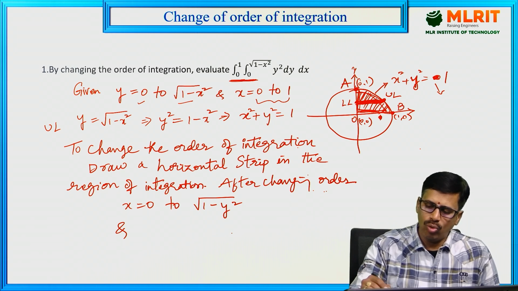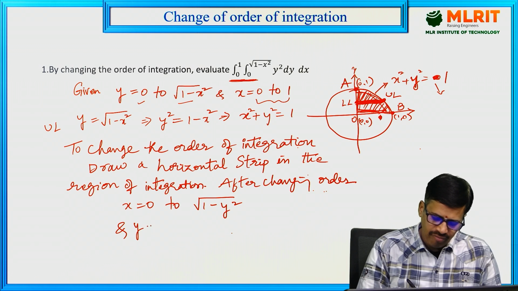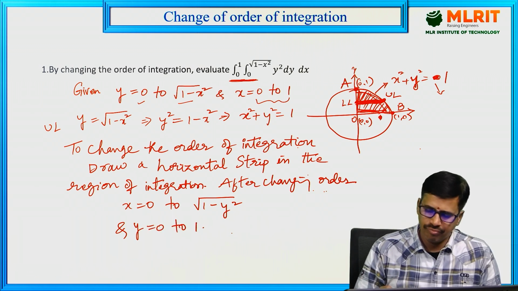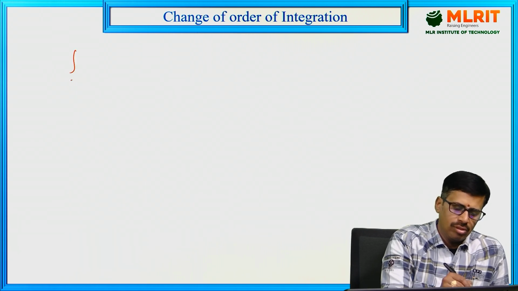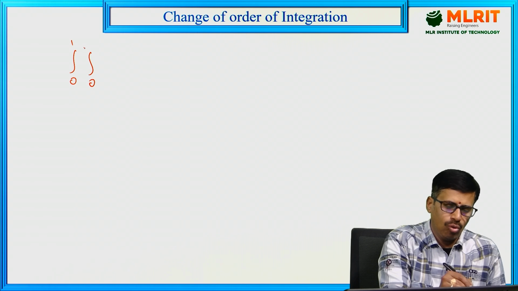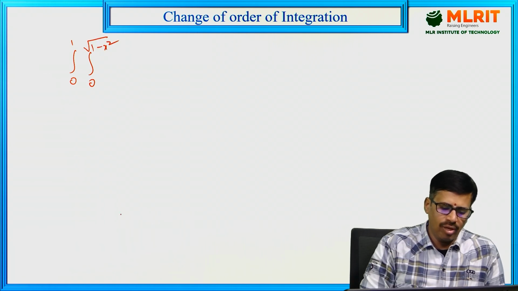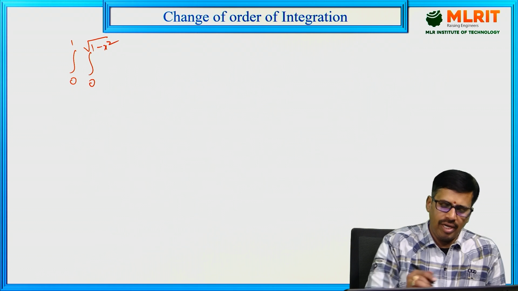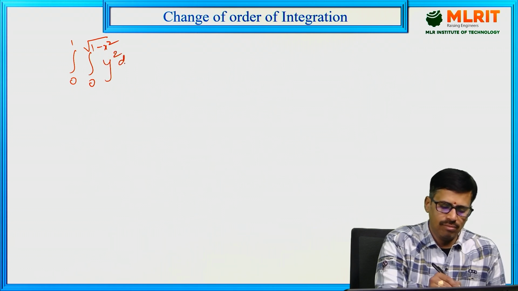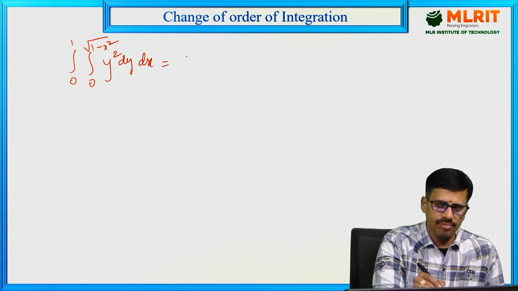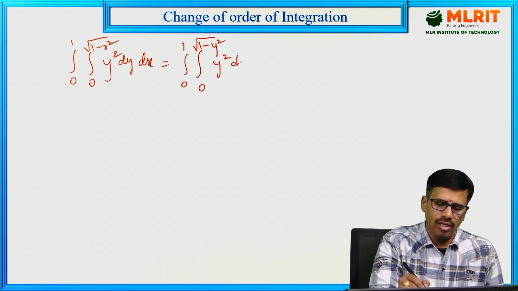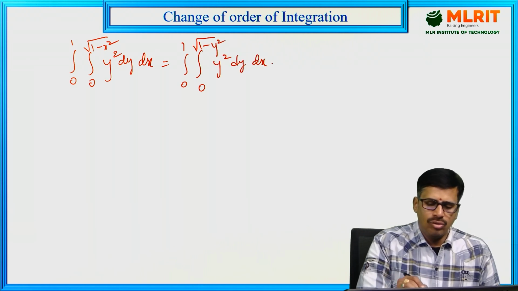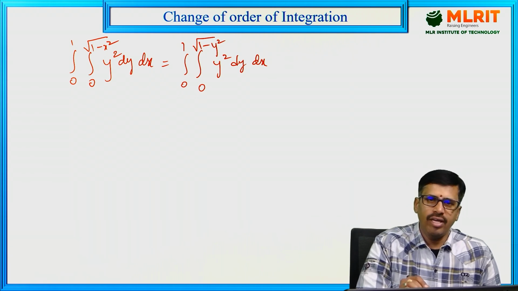From the point O to A, we can observe that clearly y varies from 0 to 1, right? So the integral 0 to 1, 0 to under root of 1 minus x square, y square dy dx can be written as integral 0 to 1, 0 to under root of 1 minus y square, y square dx dy. So x limits are in terms of y.